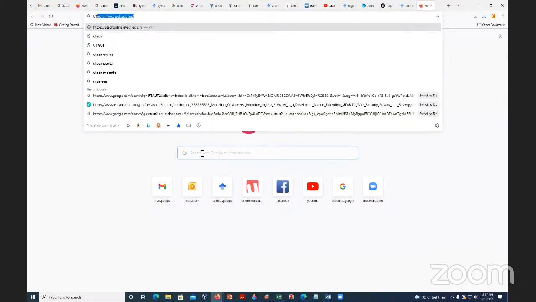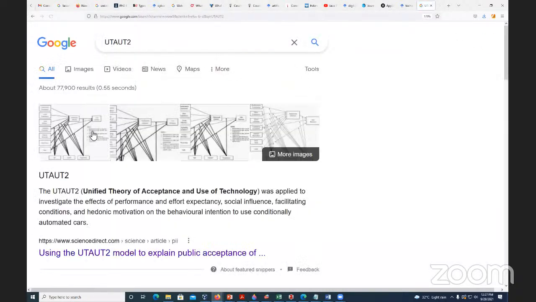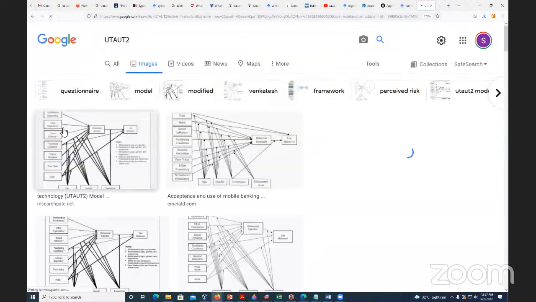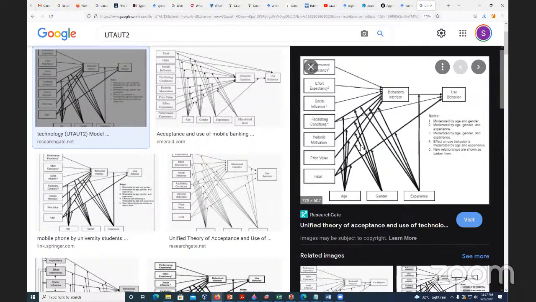Let's go with the more complicated one. There it is. There are different versions of UTAUT. I'm just showing you. I'm not teaching you today. So this is a model, and these are the variables in UTAUT. There are simpler ones. Behavioral intention is the intention to use a new technology, and this is actual use of the technology.